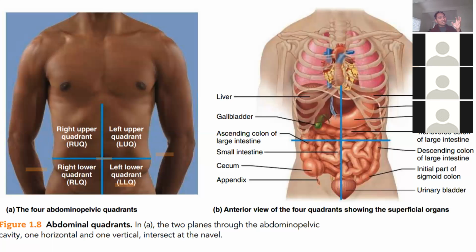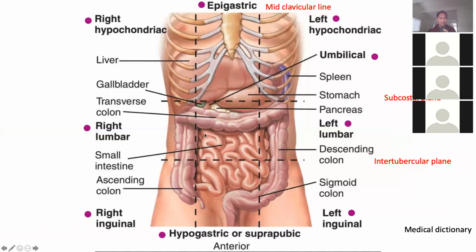Okay, so if you want to be a little bit more specific, for those going to nursing or medical school, you need to have this knowledge, which is the 9 regions of the abdomen. This is the medical school or nursing school knowledge. How do we split the abdomen into 9 regions?